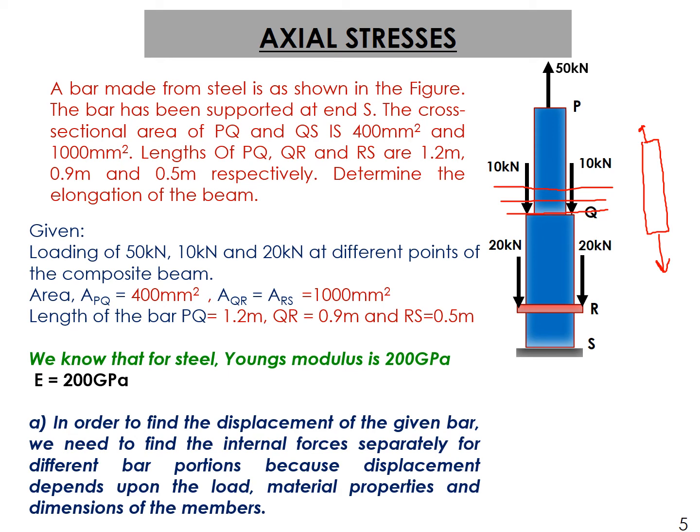At this section you have to find the net force acting, which will give you the complete free body diagram of member PQ with the final loading conditions. Similarly, you can take a section in member QR followed by a section in member RS. That is the best way to find the net force acting in your member. So let's move ahead.